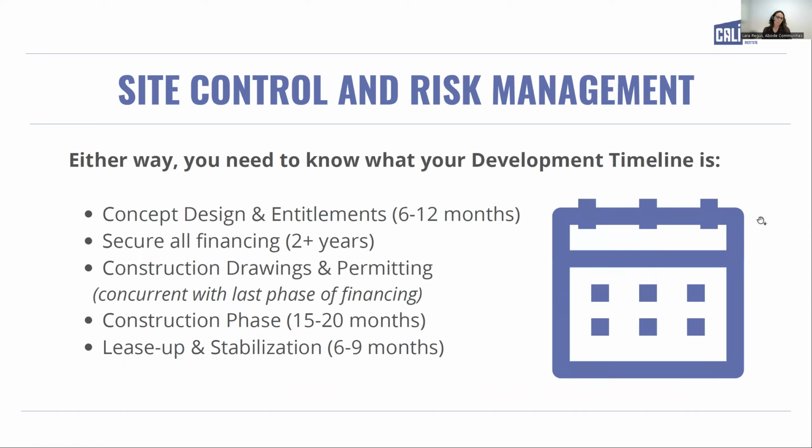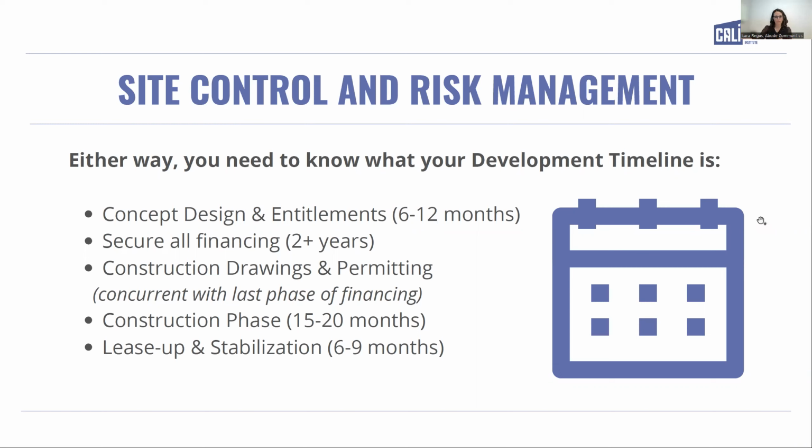This is just a reminder that, regardless of what your transactional structure is and what your entitlements process may or may not be, you need to have a really good sense of how you get from start to finish. So how long will it take you to work through that front-end analysis, all that due diligence, then getting your architecture and engineering team off the ground, getting your concept design ready so that you can submit it to the city or the county for your land use approval process.